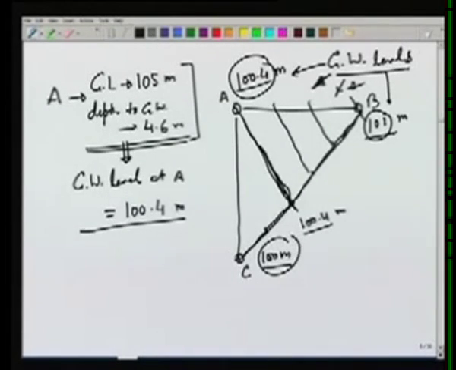They will represent groundwater elevation of 100, 100.2, 100.4, 100.6, 100.8, and 101.